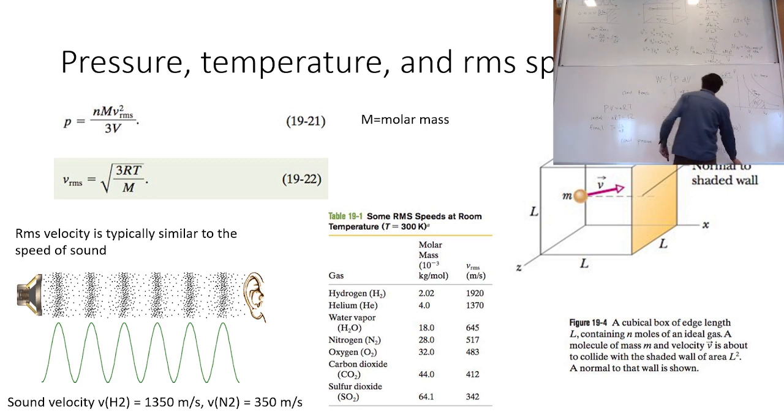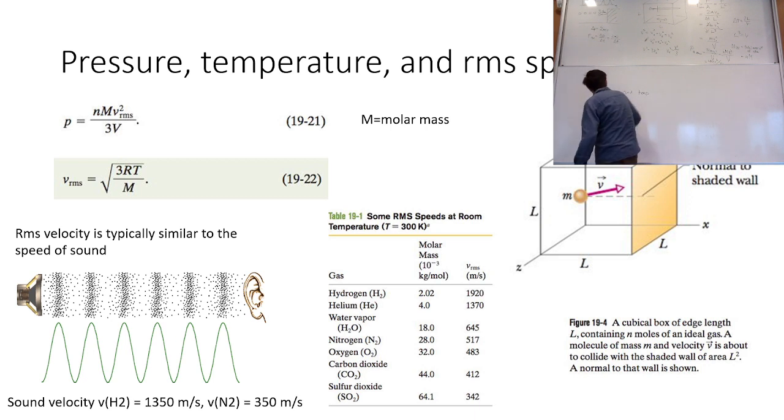Okay, so we couldn't derive it, but now let's combine those two formulas and see what that seems to tell us. On one hand, the microscopic theory is telling us that PV is equal to n m v squared over 3.